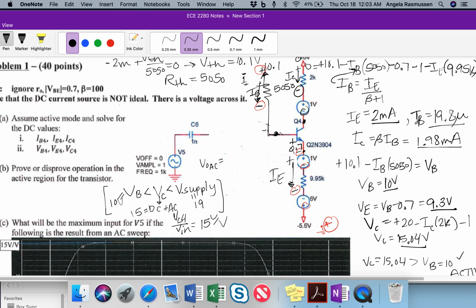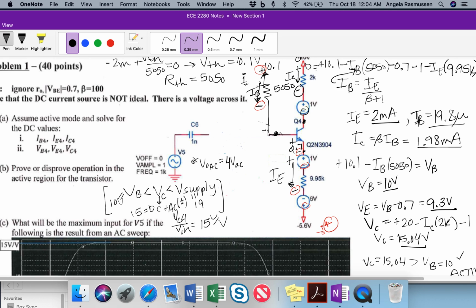Again, the supply voltage was 19, so 15 plus 4, and VB was 10, so the difference there is 5. So the AC would be a minus 5, and remember, the AC is a plus minus value. The lower value we said would be 4 volts AC.